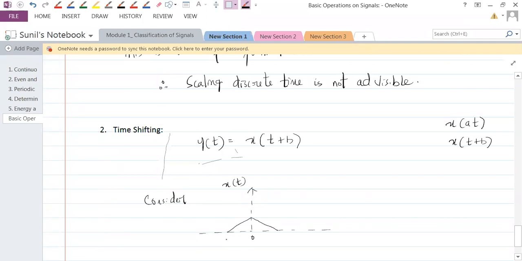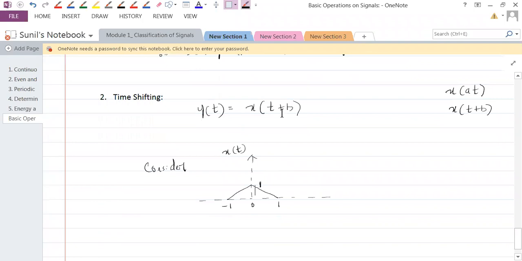This is x of t, which ranges from -1 to +1. So copy this, everybody. Now what would happen if I do t plus b? B is some number.